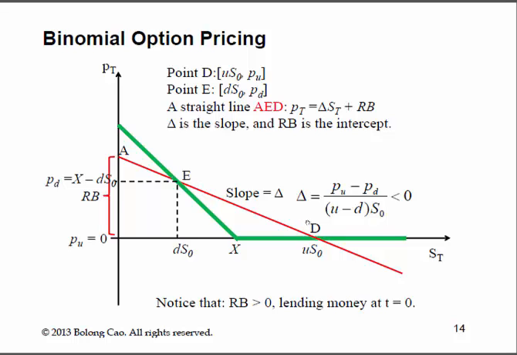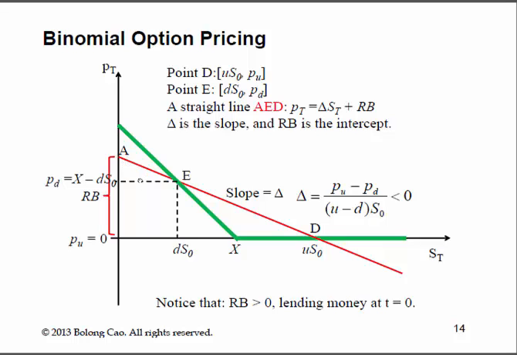This slope is negative, so you actually sell the underlying share and lend out part of the proceeds. In that way, you lock in a certain portion of the strike price that can be paid back. When you're lending out money at time 0, you'll receive money back at time t. So it's money back, right?